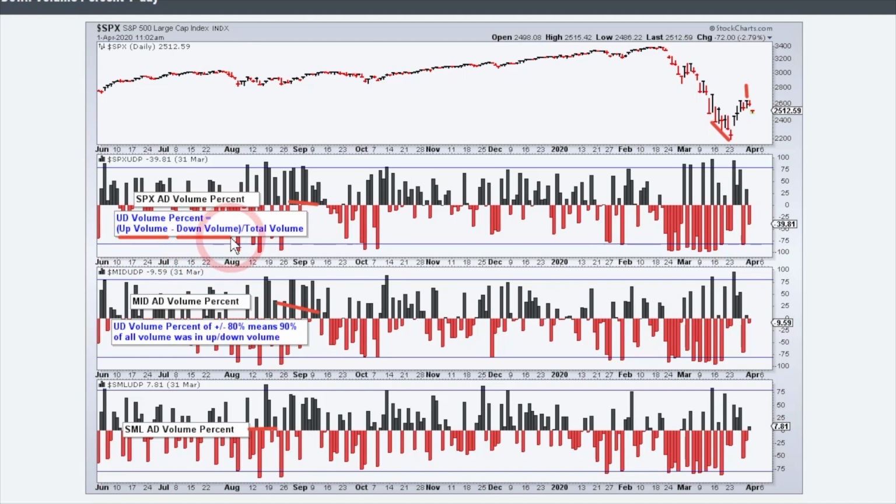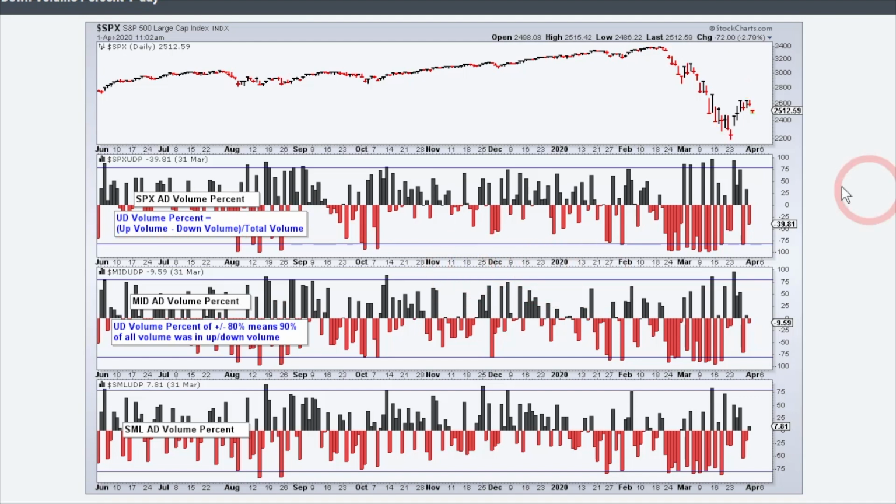That's the volume that goes into advancing stocks, less the volume that goes into declining stocks, and you divide that by the total volume. And because you divide it by total volume, you normalize it, and then you can compare it for each index or also with the sectors, because StockCharts calculates AD volume percent for the 11 sectors.